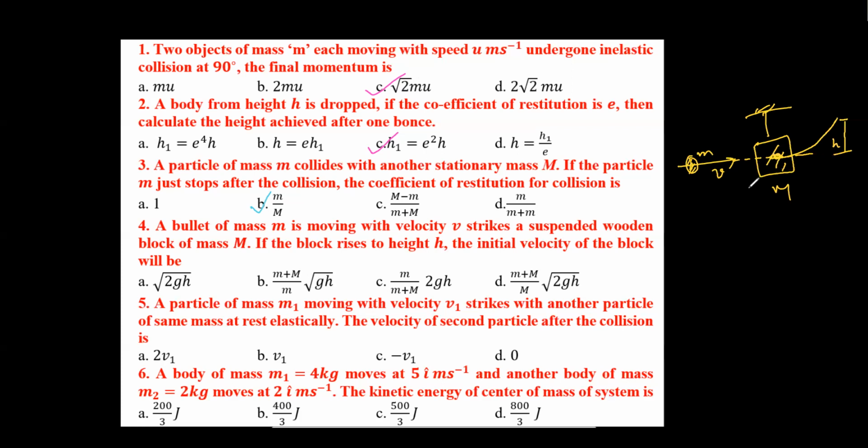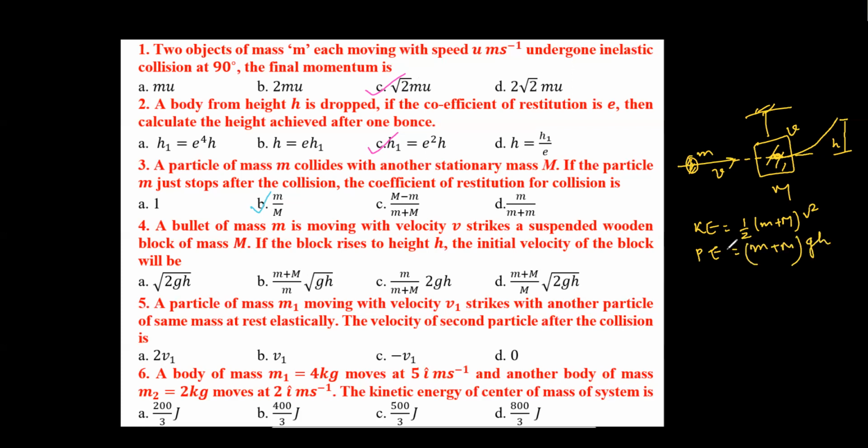The total kinetic energy equals 1 by 2 (m plus M) times v squared, where the combined system is traveling with velocity v. Then the total potential energy, as it has traveled from this location to this one, is (m plus M) times g times h.